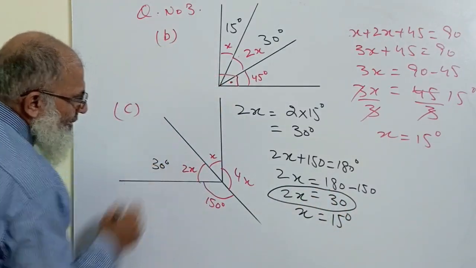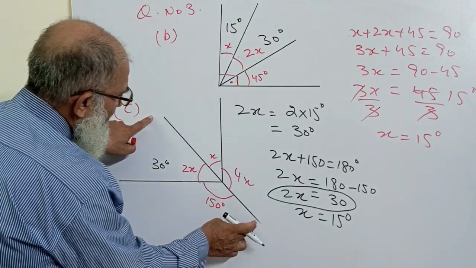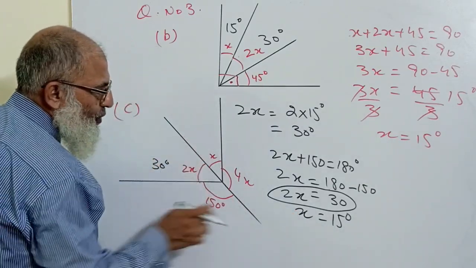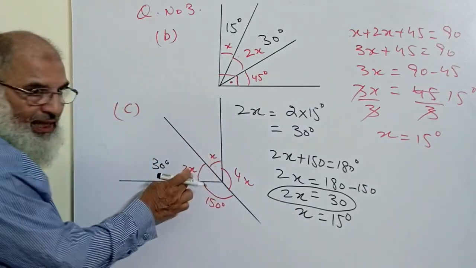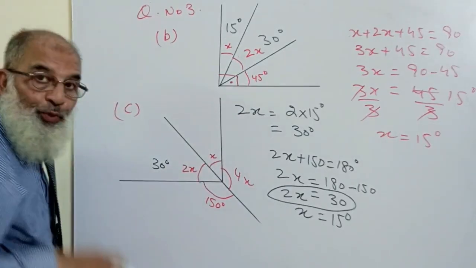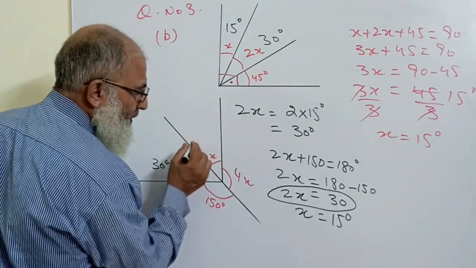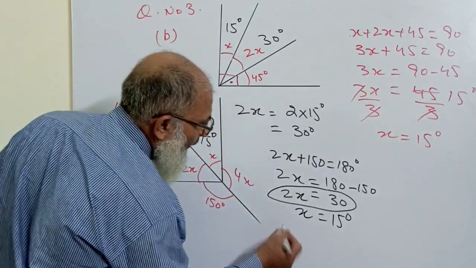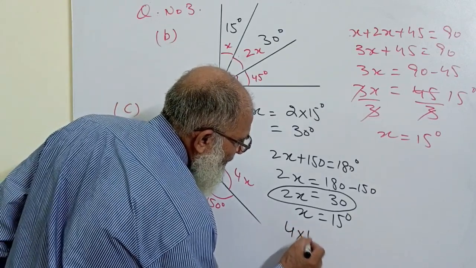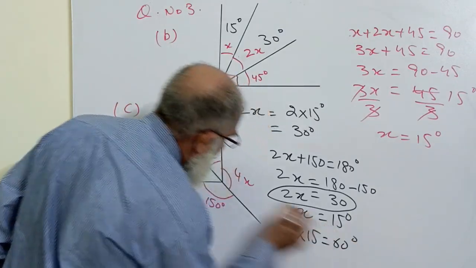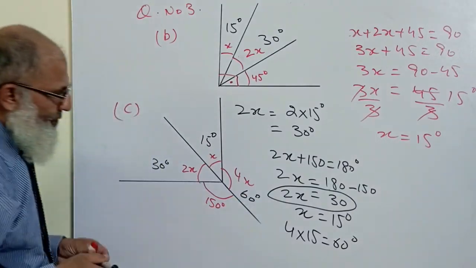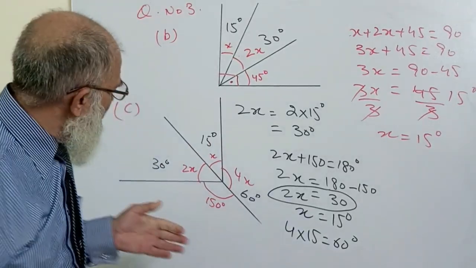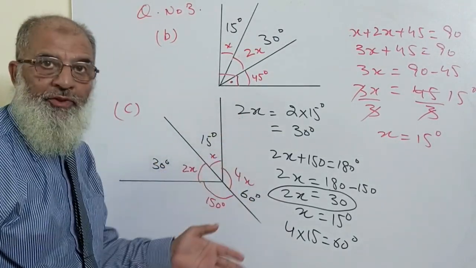This is a 30 degree angle, and with the same result we have also found that x and x are supposed to be equal, therefore this is a 15 degree angle, this is a 15 degree angle, and 4x, 4 multiplied by 15, is equal to 60. Now this is a 60 degree angle. How easy it was, just a confusing diagram. Now dear students, I have solved this question for you, but this is wrong.